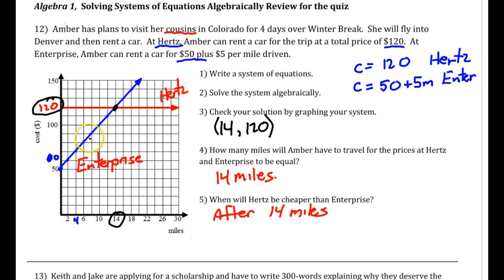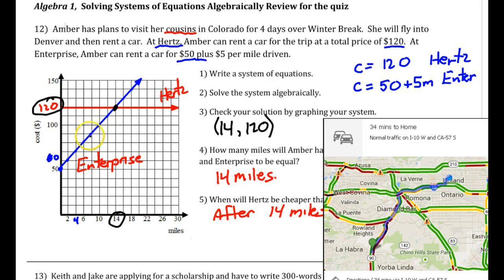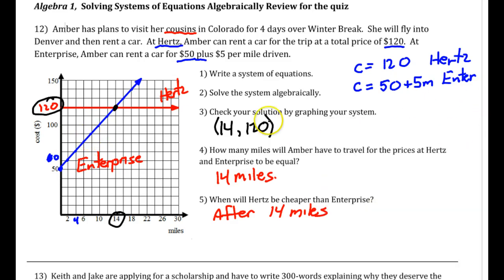If she's only driving 7 miles to the house and 7 miles back to the airport, that'd be 14 miles, then Enterprise is cheaper. But if she plans to do anything more than 14 miles of driving, Hertz is cheaper.